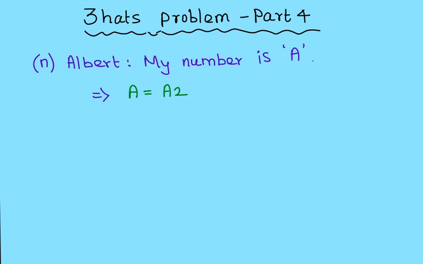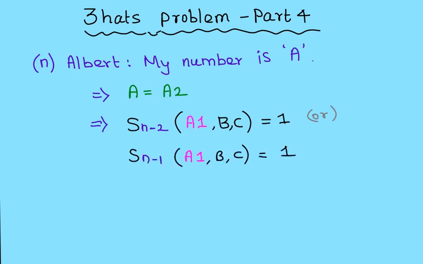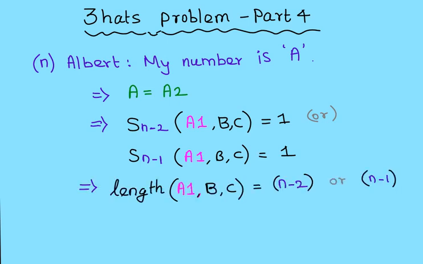That means statement n minus 2, that is Sn minus 2 of A1 BC, is equal to 1, or statement n minus 1 of A1 BC is equal to 1. This means the length of A1 BC is either n minus 2 or n minus 1.